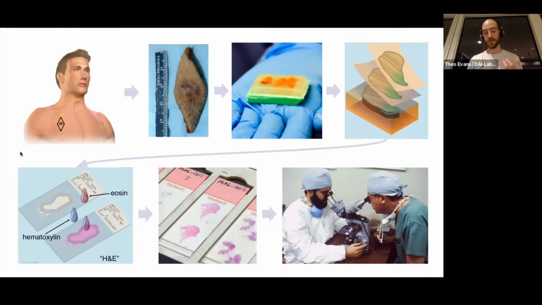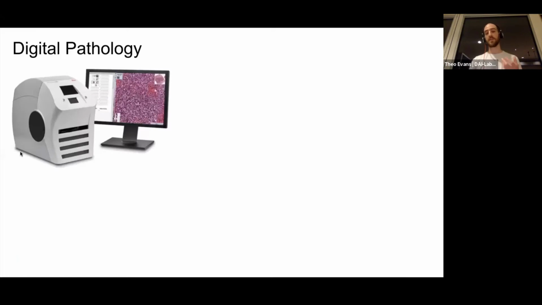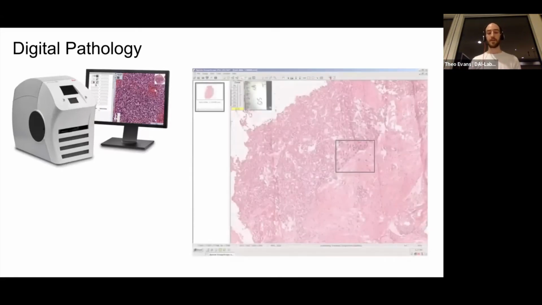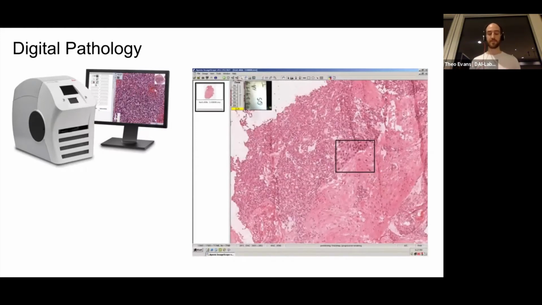And now, with the availability of integrated health records and these very sophisticated slide scanners that digitize these glass slides, we are moving into an era of digital pathology, where rather than being done through an analog microscope, the work of pathologists is being done on a screen or shared by telepresence with other pathologists, potentially in different parts of the country or different parts of the world, all working on the same case. This is an example of the kind of interface we're dealing with for viewing these slides.